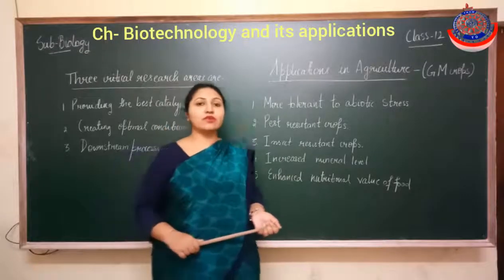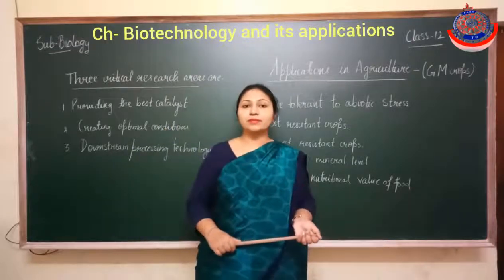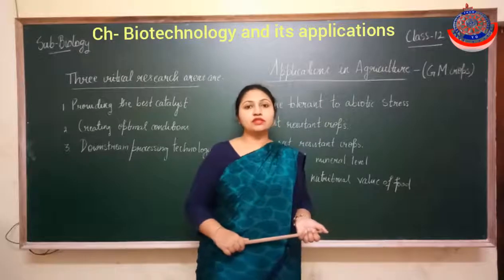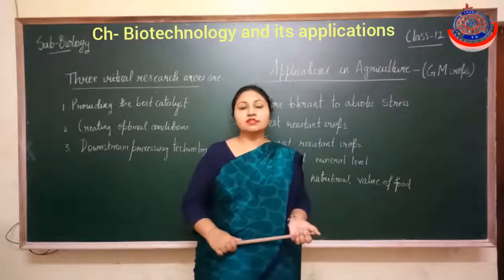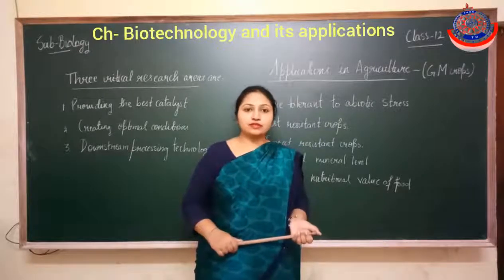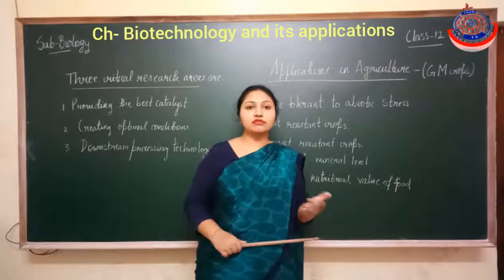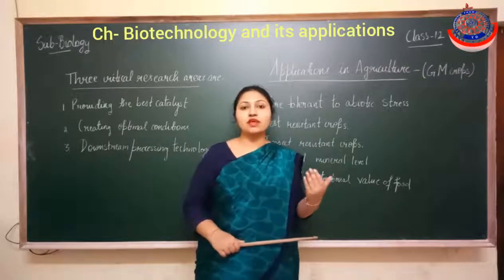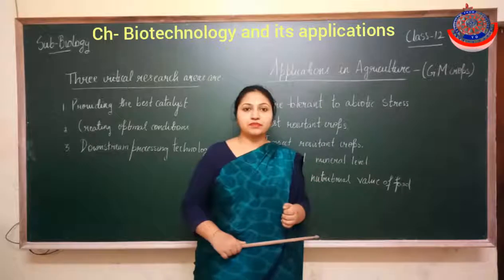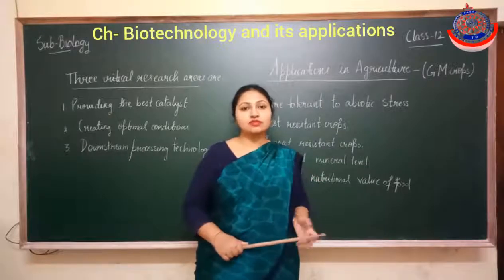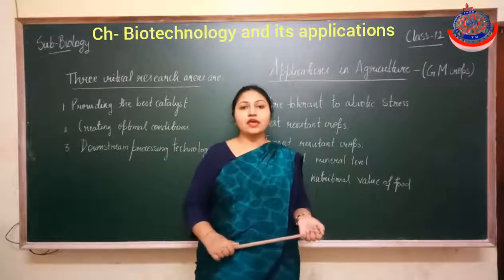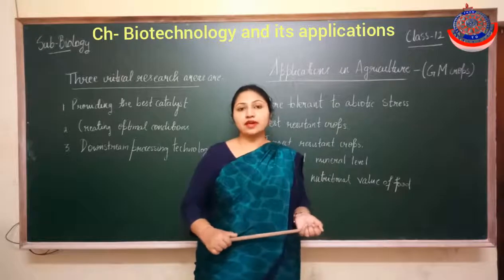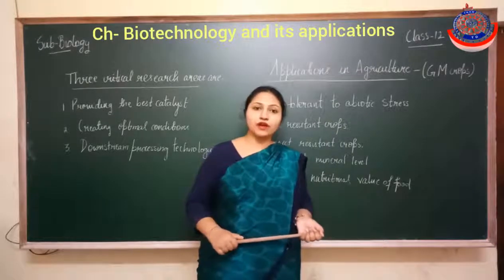And second, organic farming. Organic farming means using microorganisms as biofertilizers. In place of chemicals, if we are using microorganisms as biofertilizers, that is known as organic farming. And third, GM crops, means genetically modified crops.